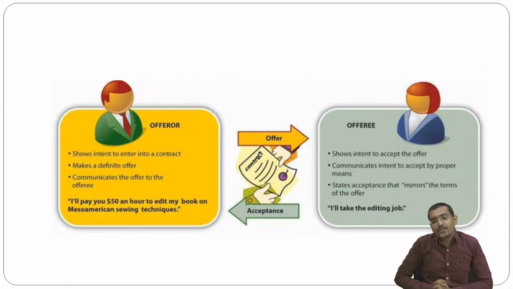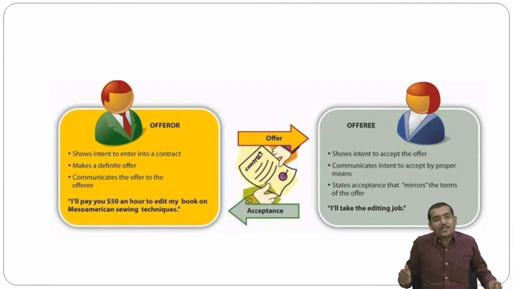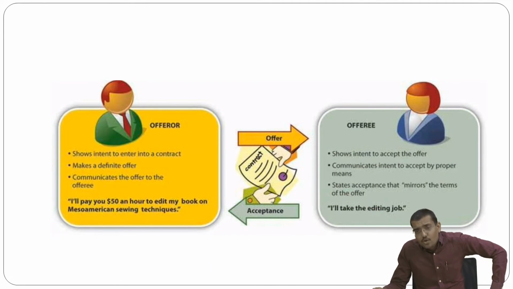of that offer. Say for example, the offerer said that I'll pay $50, or rupees 50 an hour, to edit my book on any technique. And the other said, okay, I'll take the editing of that book.